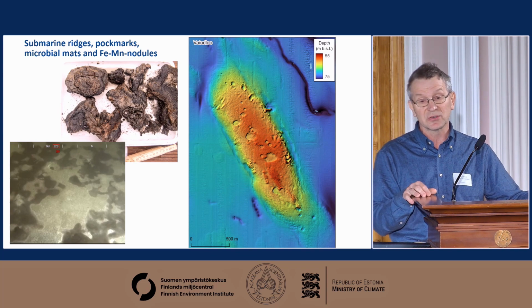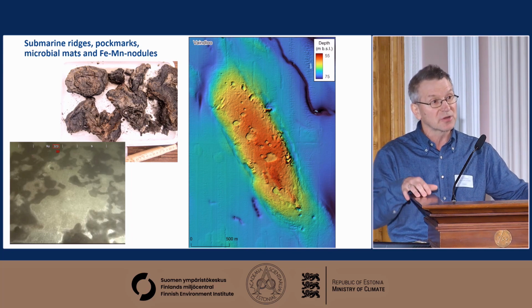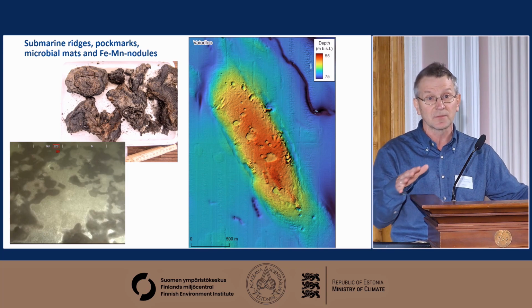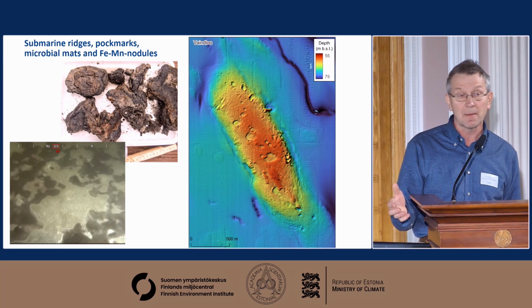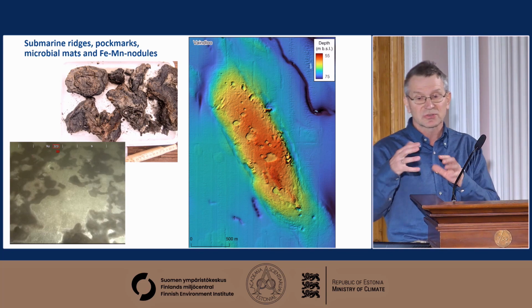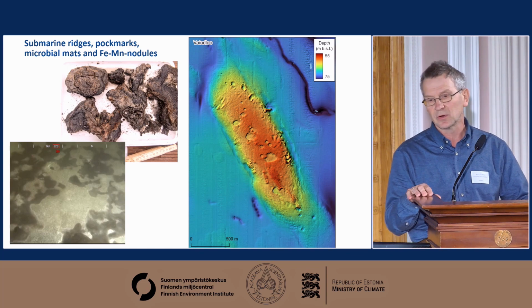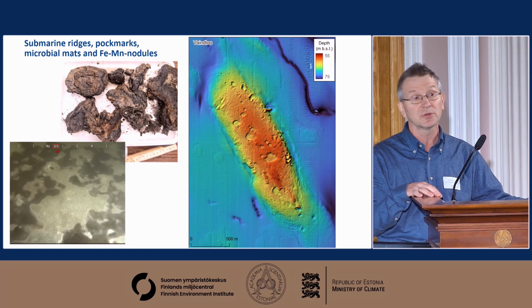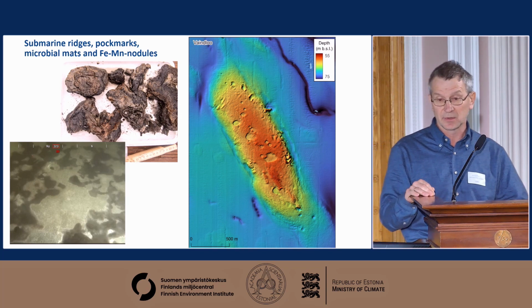We see these whitish, brownish microbial mats together with the seafloor precipitates. And if we take a sample from it, then what do we get? We get these various morphological types of crusts and nodules. Very beautiful materials for studying.